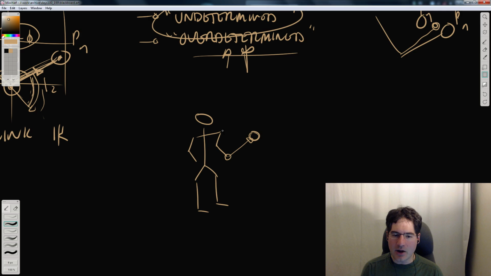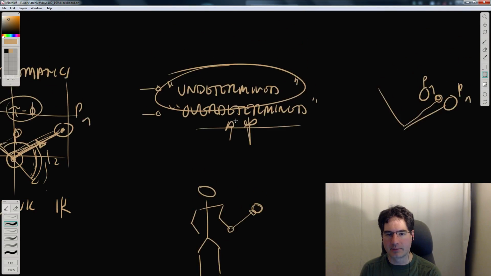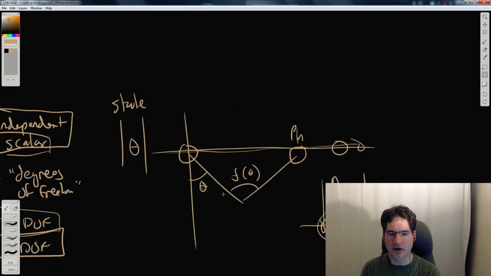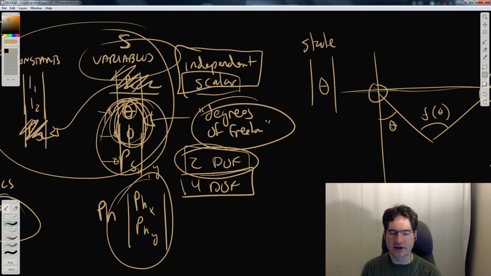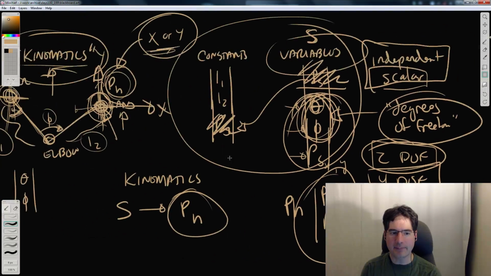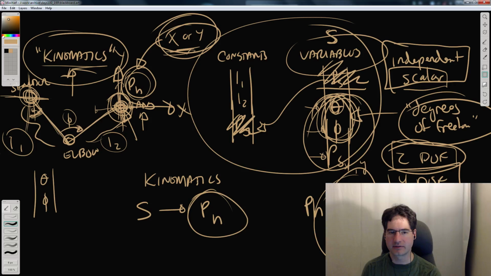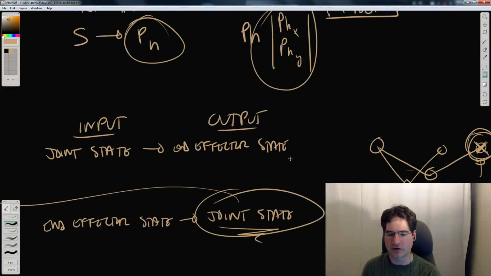Okay? Now, in the case where it's only a 2-link arm, all right, I'm going to go back now because this is where we need to start talking about this. You remember degrees of freedom. In a 2-link arm, the number of degrees of freedom, which was 2, happens to be the same as the output, okay? There was an X or Y output of the hand location, and there were 2 degrees of freedom that I could use to position it.